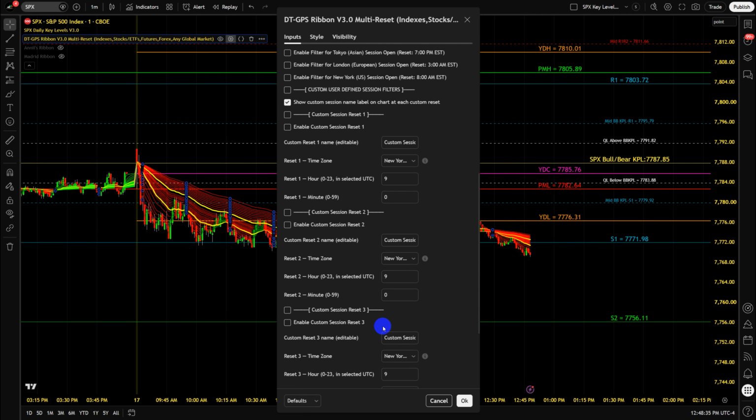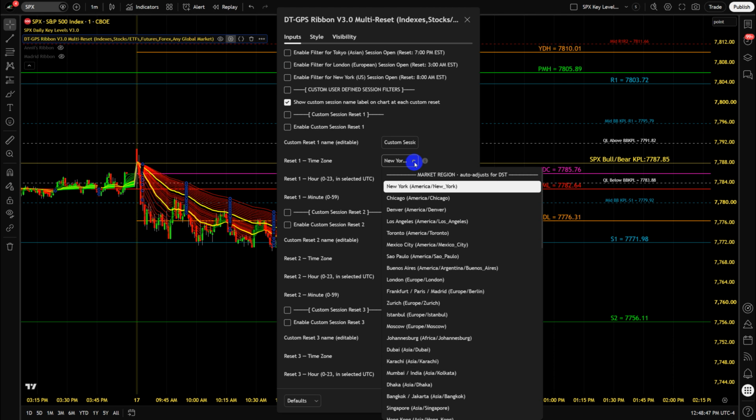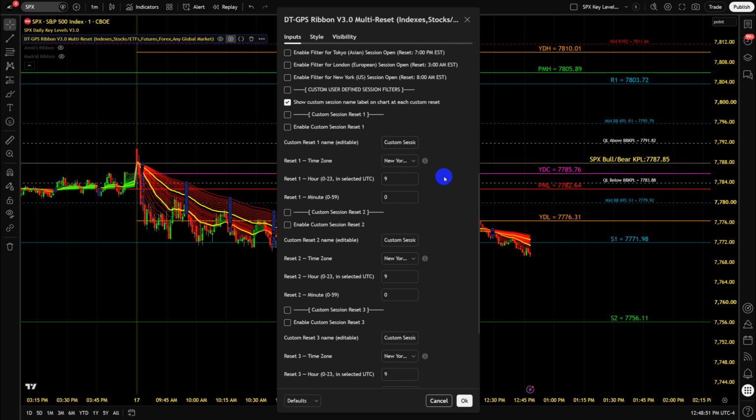If you want to do a special time for a reset in the U.S. market for a specific purpose of your own trading process, or more commonly, these are used for global markets as an auto time zone and daylight saving time aspect to it.